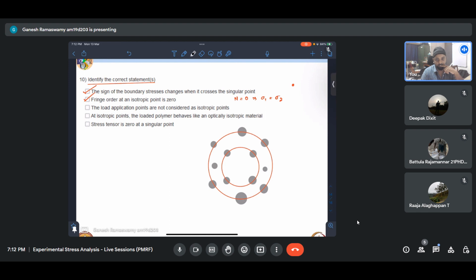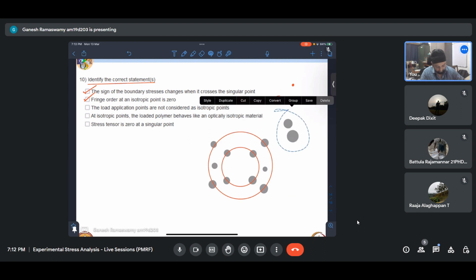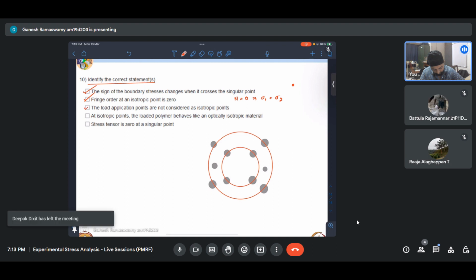This is because of the stress concentration at that point. We cannot discern anything much about it. So these two are essentially excluded from being defined as isotropic points. So we do not include them in the list of isotropic points.